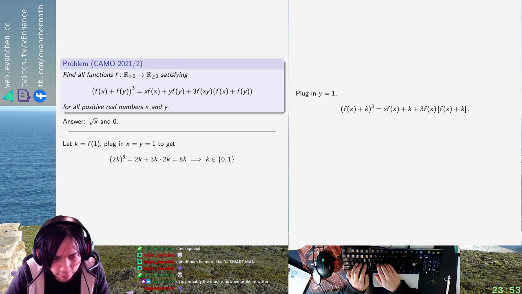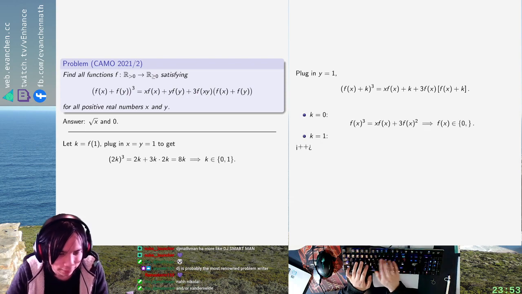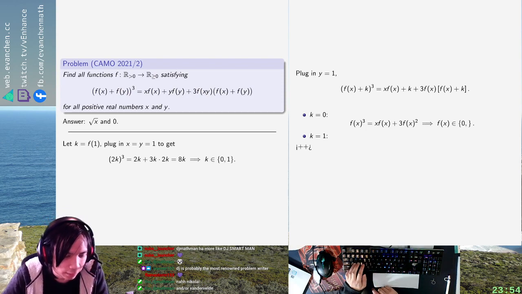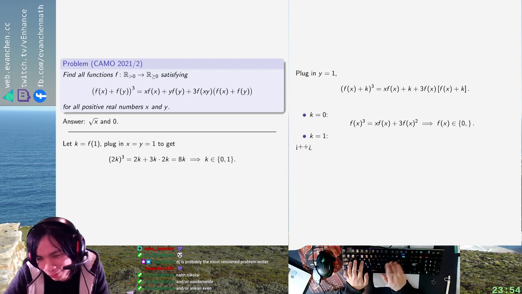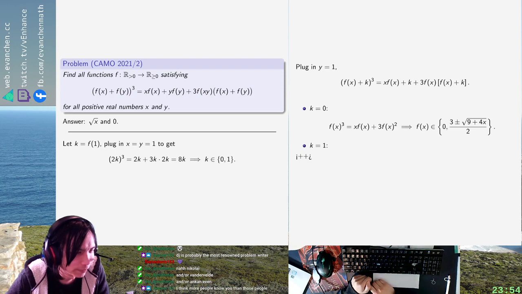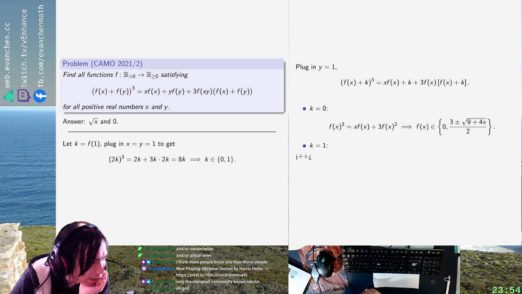So that implies f of x is 0 or something else: 3 plus or minus the square root of 9 plus 4x, all over 2. Did I do that right? Oh no.